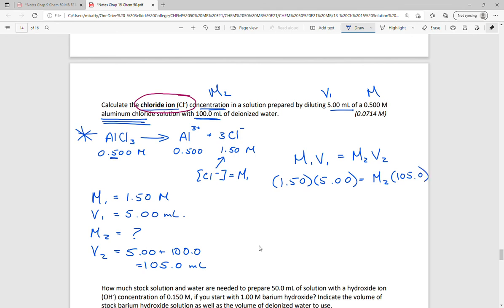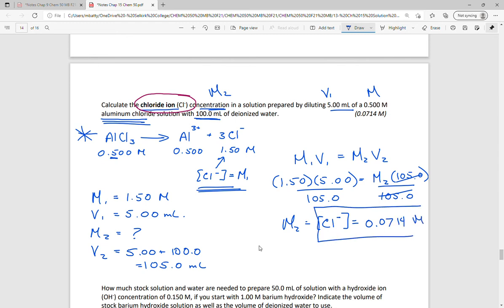I guess they all are. I divide by 105 on both sides. If you don't need to show this step, that's okay. So my secondary concentration, my concentration of chloride ion, because that's specifically what I'm talking about here, is 0.0714 moles per liter. That's an M.